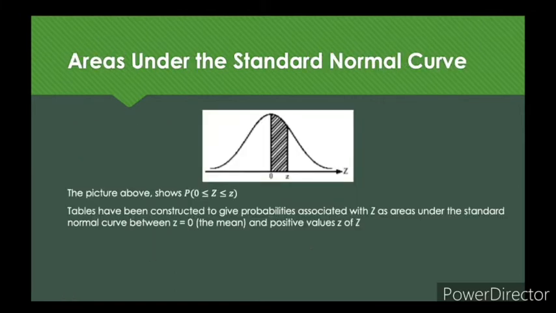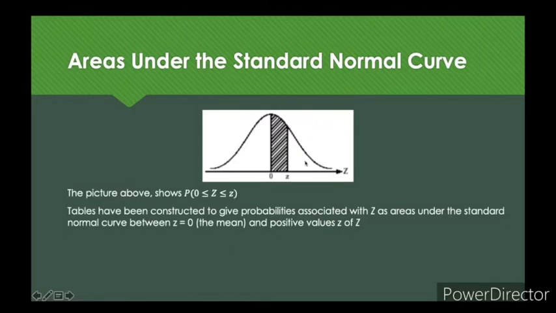Okay, we are going to focus only on areas under the standard normal curve. So we are going to calculate the probability of the standard normal distribution, represented by the area under the curve.